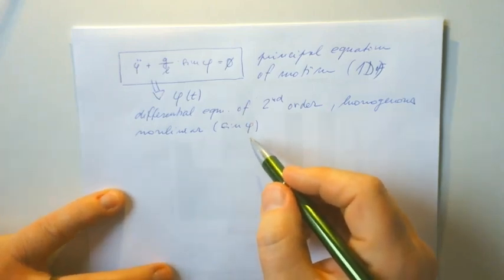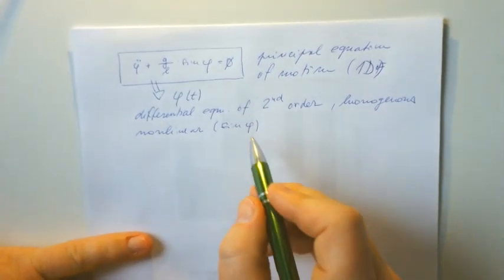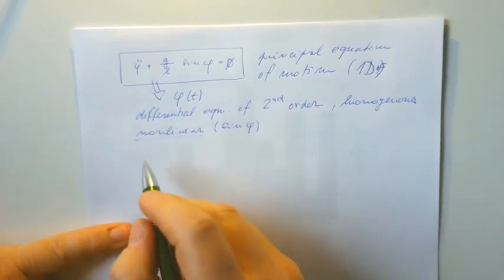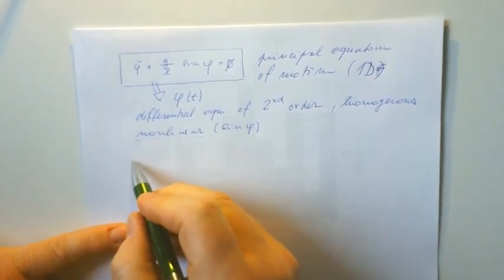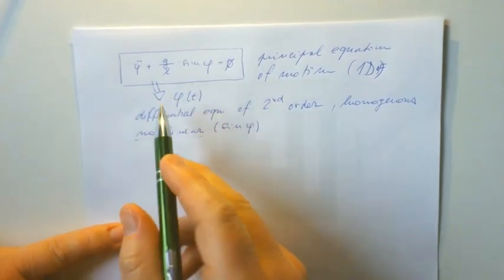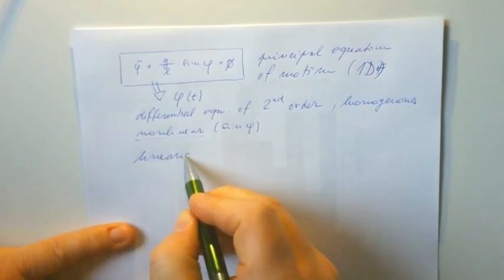So in fact in the second class of university we can't solve non-linear equations. So we can make some process to make this equation linear. Linearization.